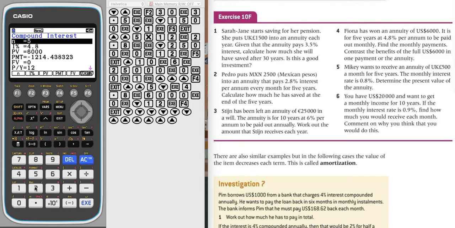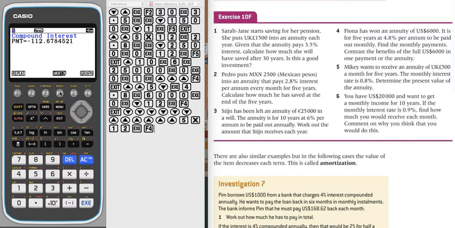There it is. And if it's monthly for 5 years, it's 5 times 12, 60. So let's try that. 112 and 68 cents, correct. Okay, see, everyone makes mistakes.